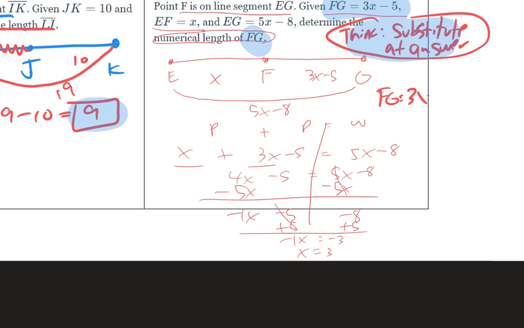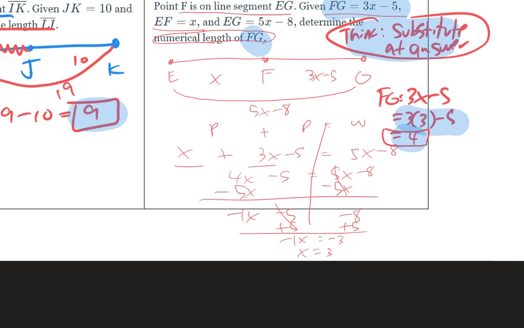FG is 3x minus 5, which is equal to 3 times, instead of the x, we put 3. If you put that in our calculator, 3 times 3 is 9, minus 5 gives us 4 as our final answer. The most common wrong answer is 3. We got to substitute, so we got to look at that answer.